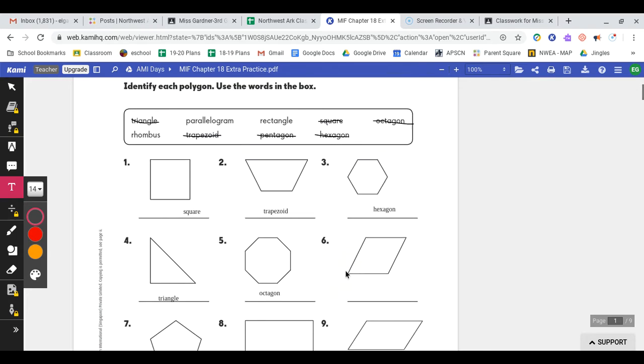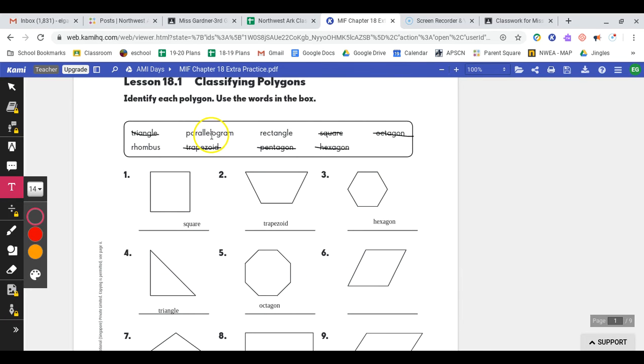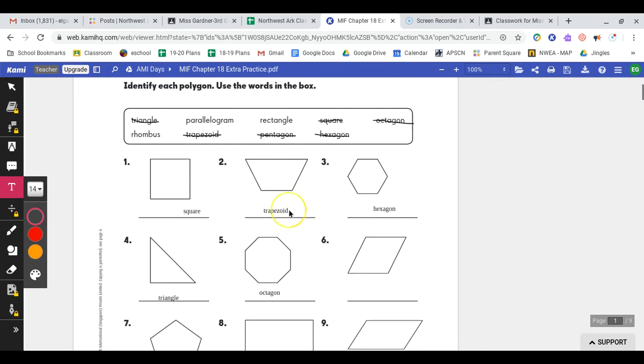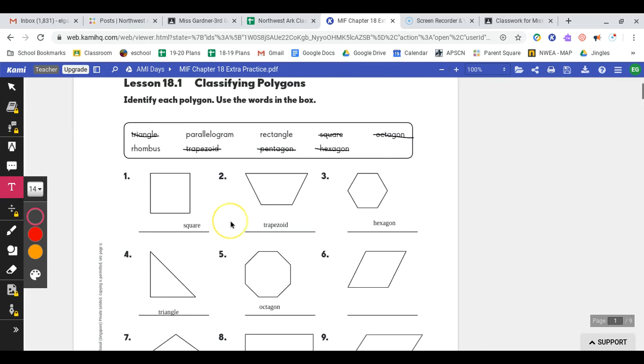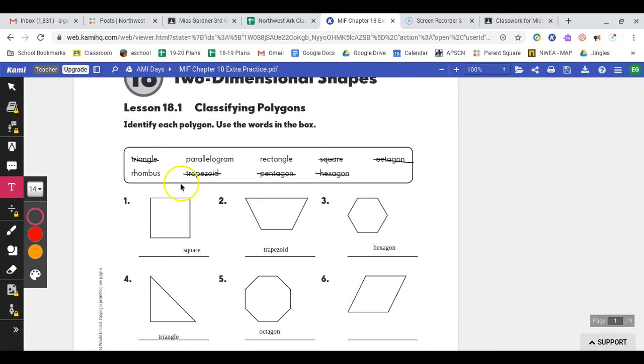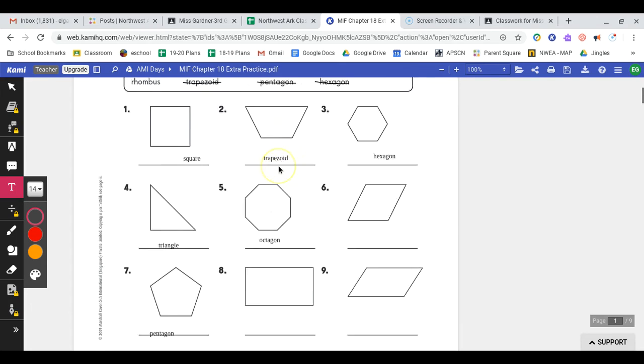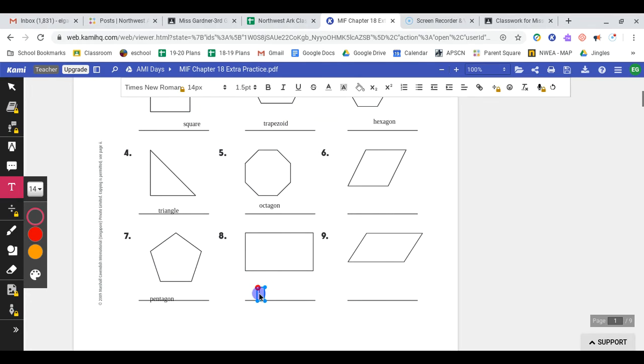This is technically a parallelogram. All of the ones left are actually parallelograms because they all have 2 sets of parallel lines. But this is a special parallelogram that is, you know which one? Rectangle, because it has all right angles, okay?